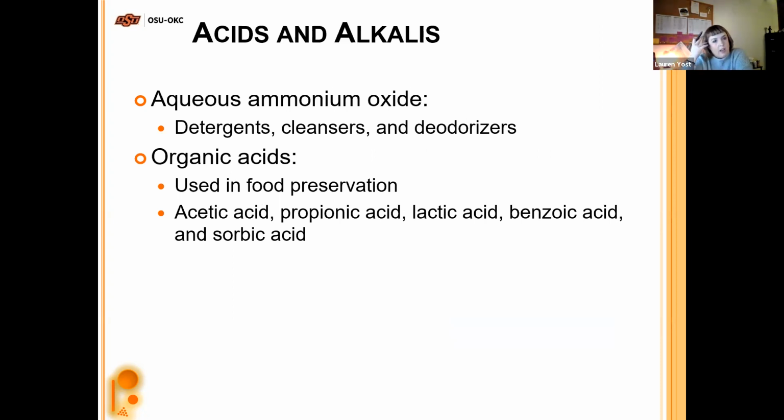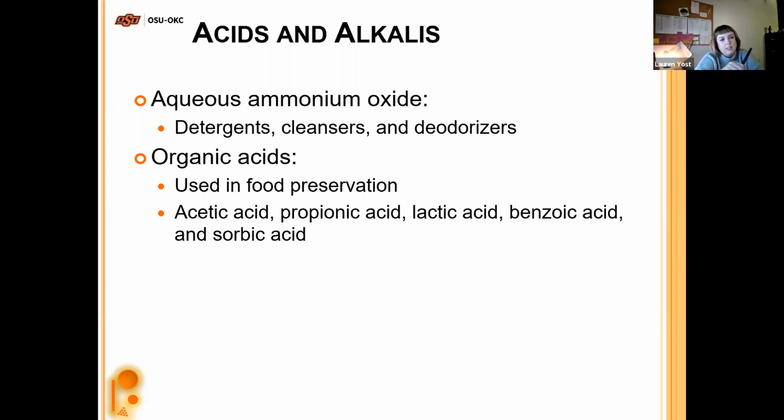They're also usually very narrowly effective. Next, we have the acids and the alkalis. We can have an aqueous ammonium oxide. We talked a little bit about ammonium earlier, the quaternary ammonium compounds, the quats. We can incorporate less complicated versions of them into detergents, cleansers, and deodorizers.